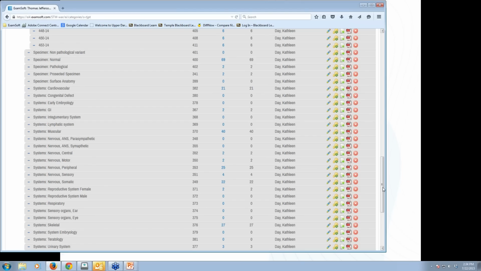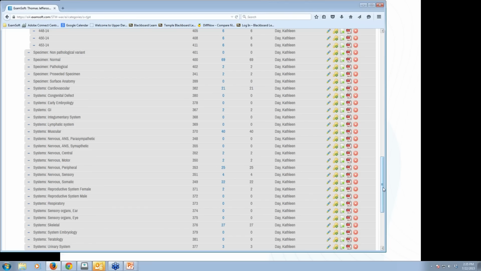What really probably started the dialogue, or created that idea in my mind, was the fact that with practicals, oftentimes the question stem is identical, because it's an identification question: identify the structure in the loop of red string. Exactly. So categories are really essential with practicals.